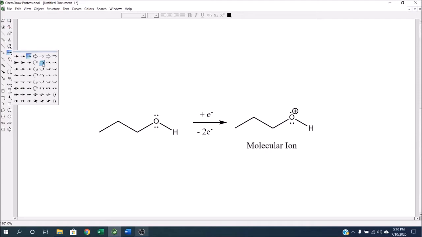The first decomposition event is when the heteroatom, remember a heteroatom is not a carbon or a hydrogen, is typically the one that takes on the positive charge, where it simply takes its electrons away from the neighboring carbon and falls off.